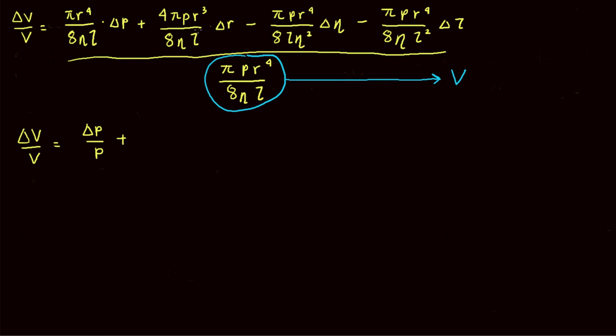Plus, for R cubed again, you could cancel out almost every factor. It's all common factors, 8 and L, P, except for the 4.